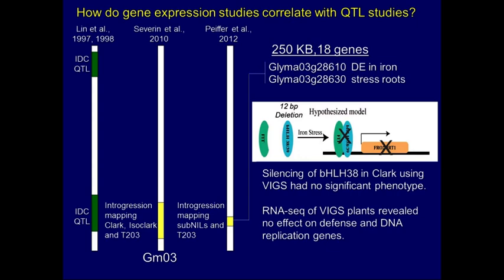And this made a lot of sense with our expression data because soybean has that quadfecta response, where it is responding to iron stress, defense, gene silencing, and DNA replication. So based on everything that we knew, we had already predicted there had to be multiple genes based on expression data, and we also predicted that there would be multiple genes within that original IDC QTL.